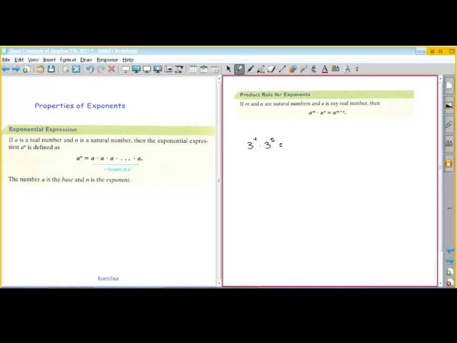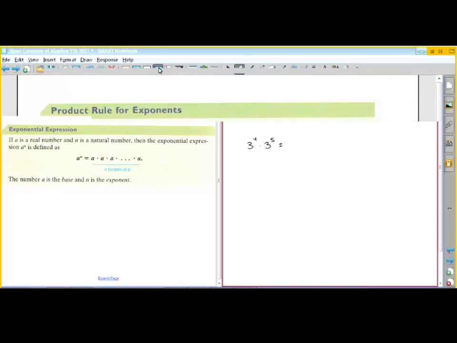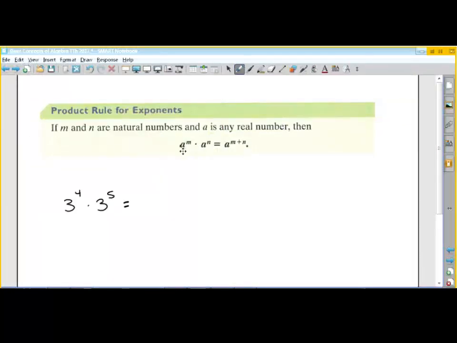One of the things on the exam. So the product rule says if you have 2 numbers which have the same base, they're raised to an exponent. If you have a product of those 2 numbers, to get the final simplified expression, you add the exponents together.